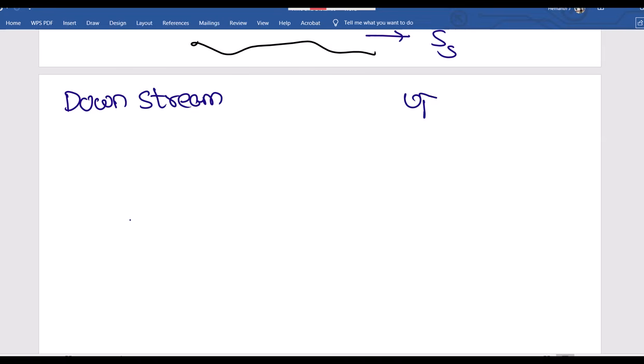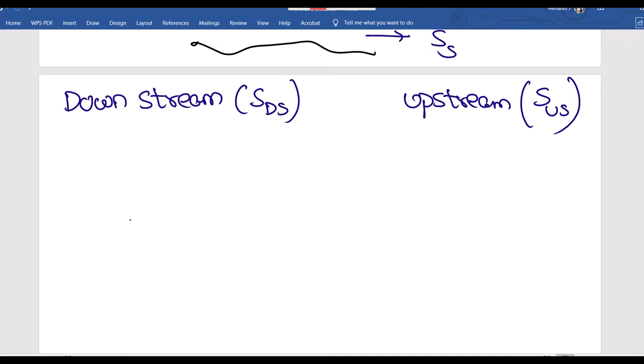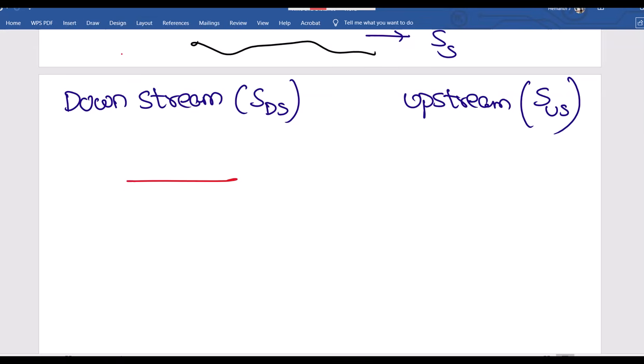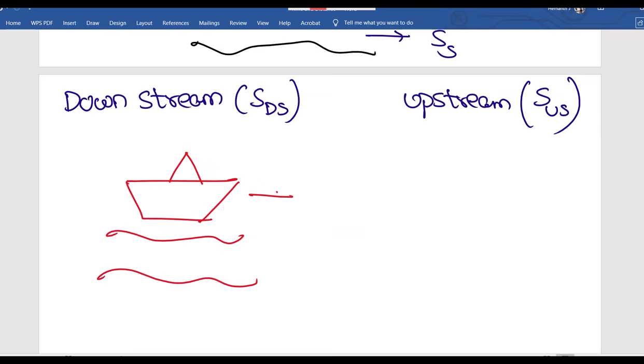Downstream, upstream. Downstream is called DS. DS doesn't mean distance and speed. Here DS is downstream, US is upstream. Downstream is also called along with the stream.